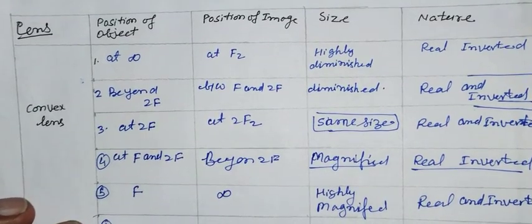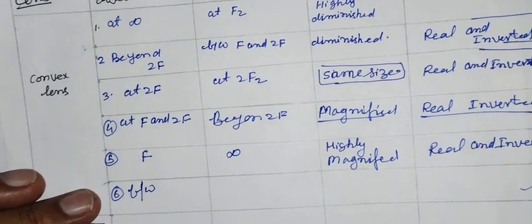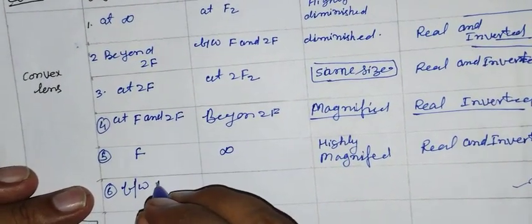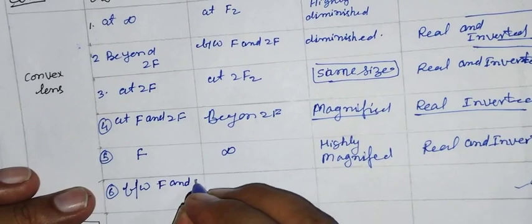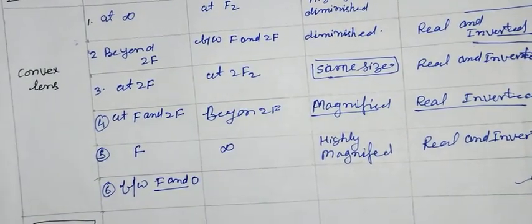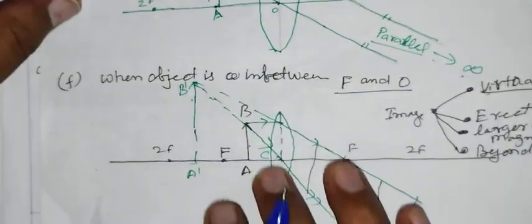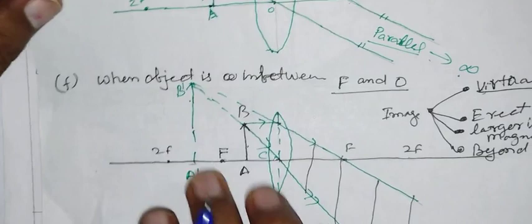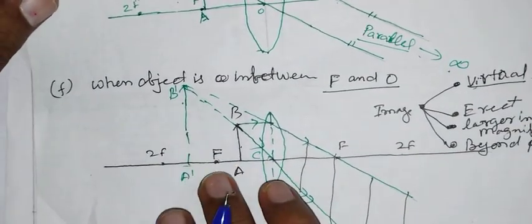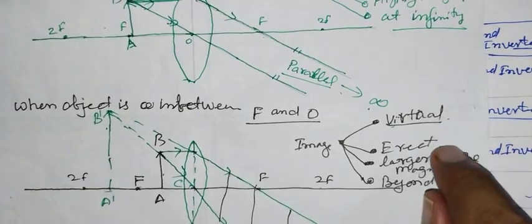And the last, sixth: between F and optical center O in the diagram. In case of a convex lens, it forms on the same side, beyond the focal point, larger in size, erect and virtual.